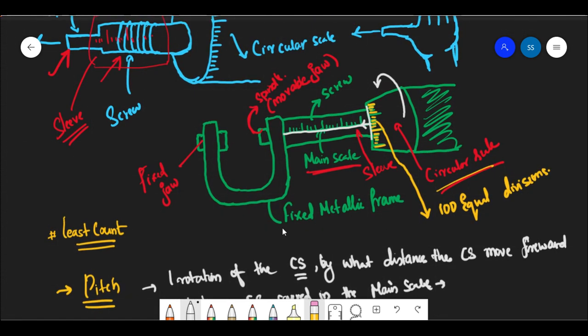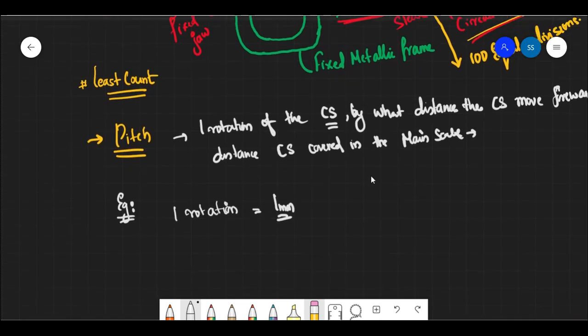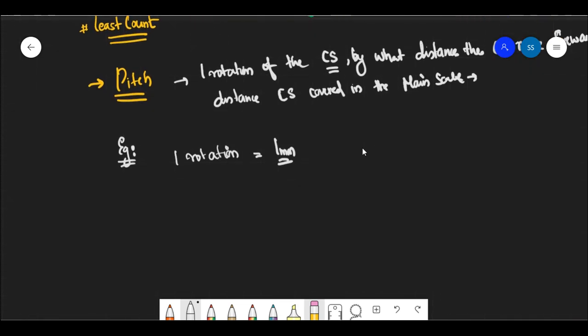When this circular scale has rotated by one rotation, this thing has moved by 1 mm on the main scale. So one rotation of the circular scale is equal to 1 mm, which is the distance the circular scale moved or displaced on the main scale.